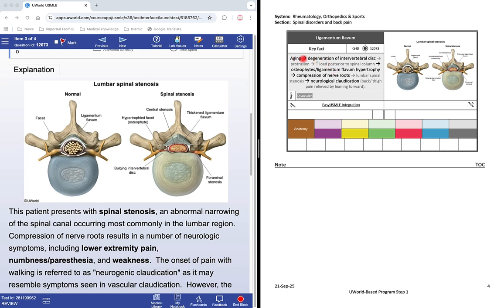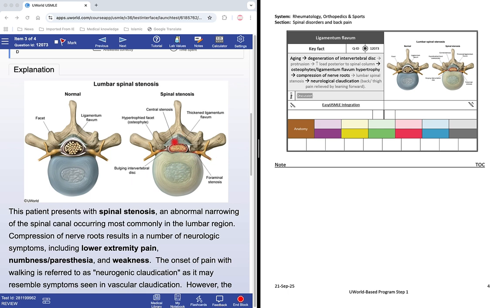So aging causes degeneration of the intervertebral disc with protrusion, and that increases the load on the posterior spinal column, with intervertebral compression on the posterior side.